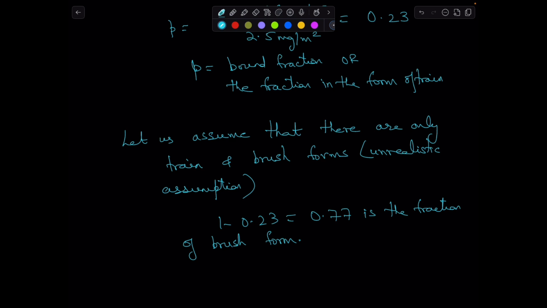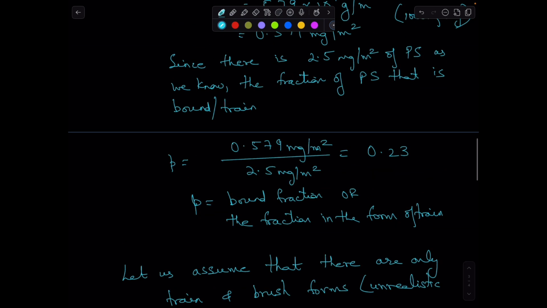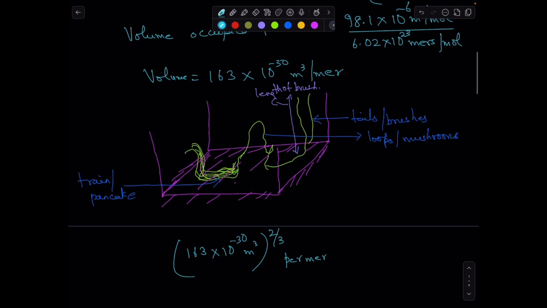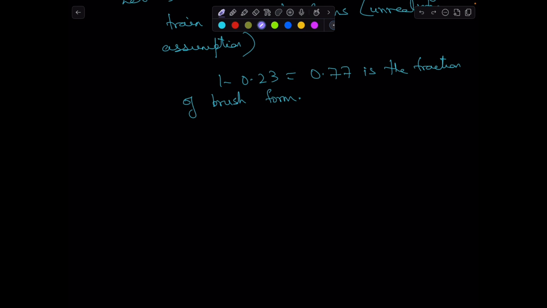Our goal is to find out the length of this brush. The length of this brush is our goal. The 0.77 that is in the brush form, let us find how many moles that will constitute. Let us find out the molar mass of the brush form.